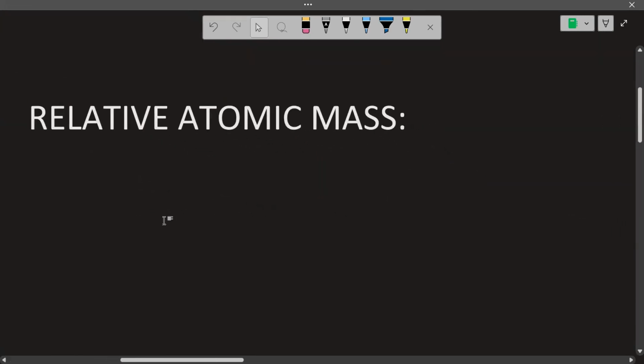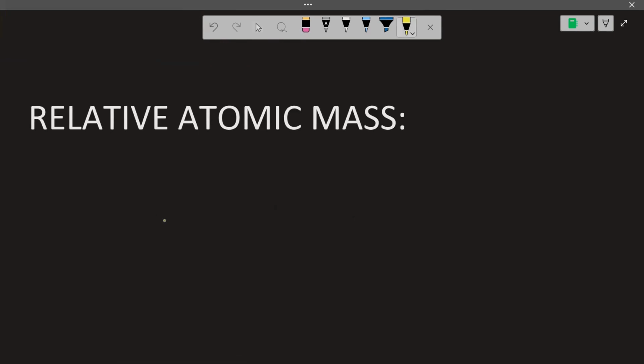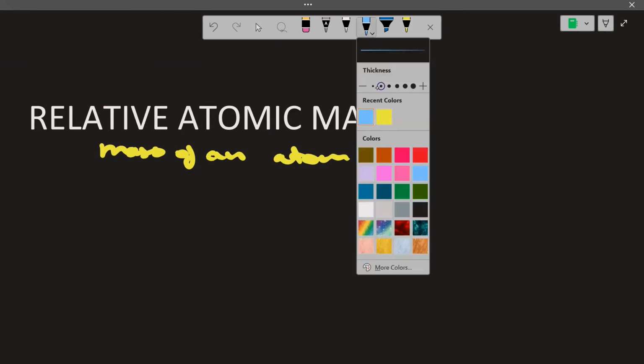So, what is a relative atomic mass? Basically, it is the mass of an atom in comparison with the carbon 12 atom.